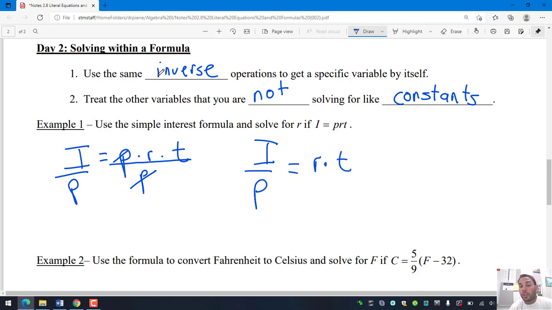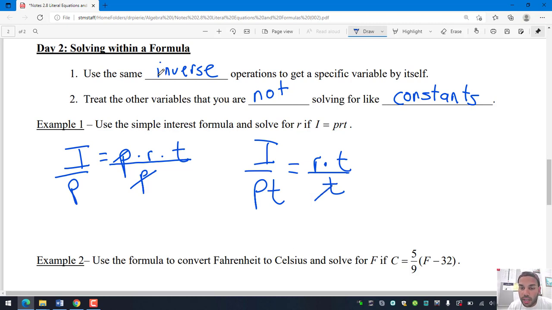So my right side's looking a little bit cleaner, but my end goal here is I want to get R all by itself. Is it all by itself yet? No, it's still got a T right next to it. Treat that T like it's a number. How do I get rid of multiplying by T? I have to divide both sides by T. A little bit funky here, but if we want to make sure we're getting rid of multiplying by T, we got to divide both sides by T. On the left side here, the T is basically just going to go in the denominator.